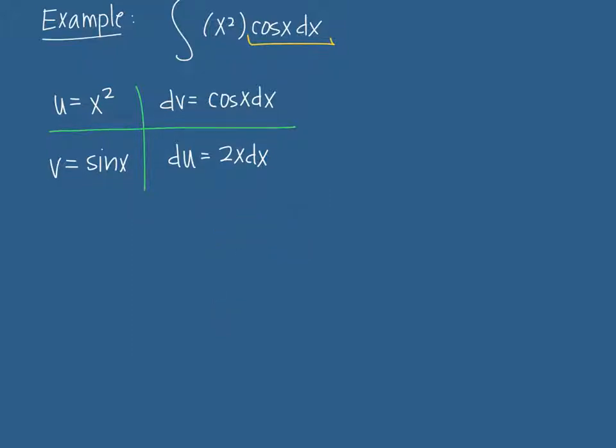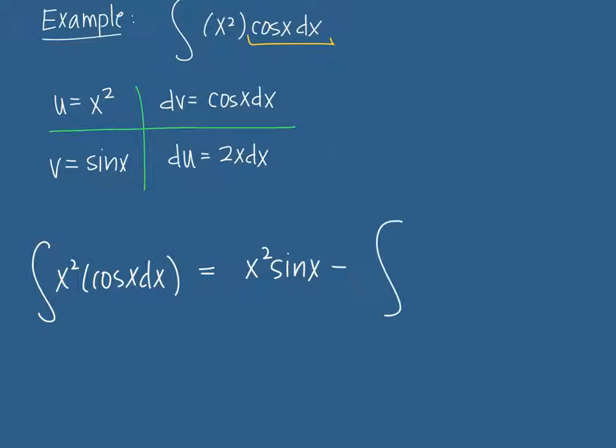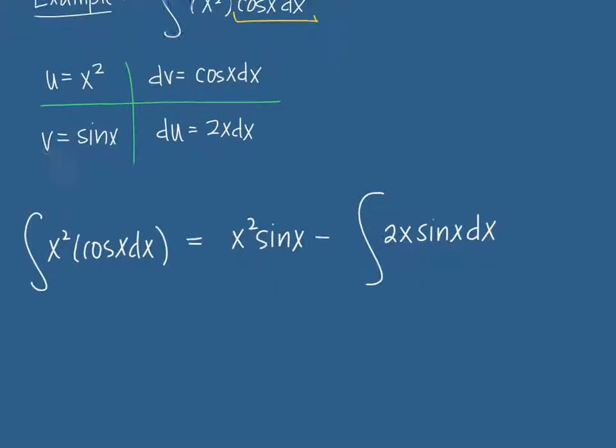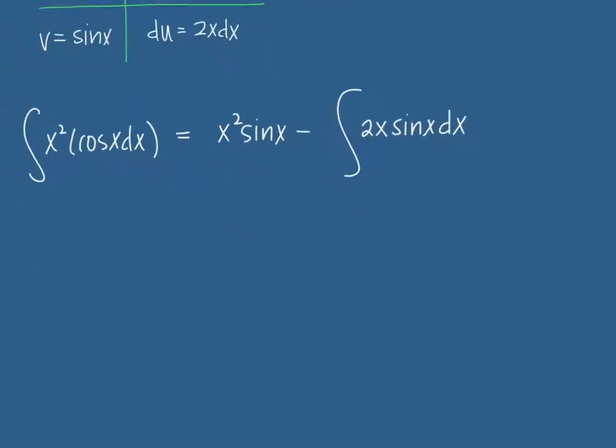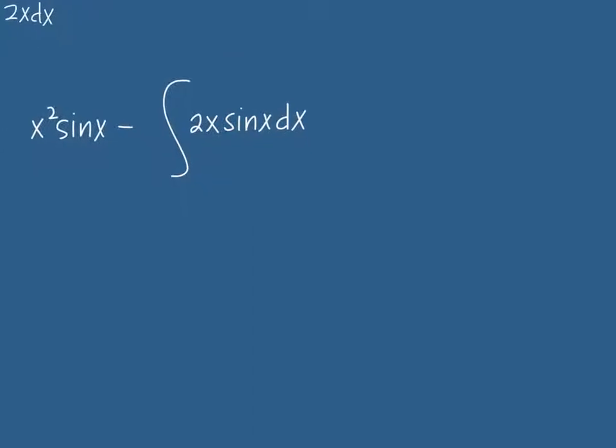Okay, so we're going to set this up. So we've got the integral that started out as x squared cos x dx becomes uv, so x squared sine x, minus the integral of v du, which is 2x sine x dx, which requires integration by parts again. So that was what I was doing a second time, setting that up again.